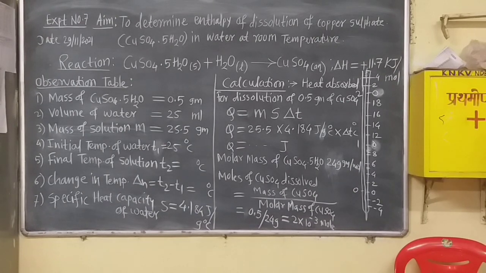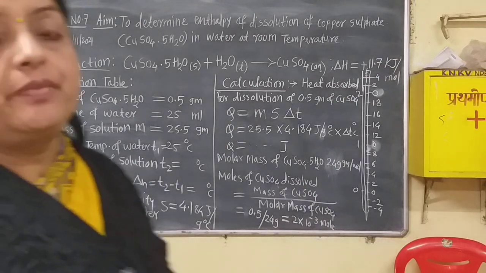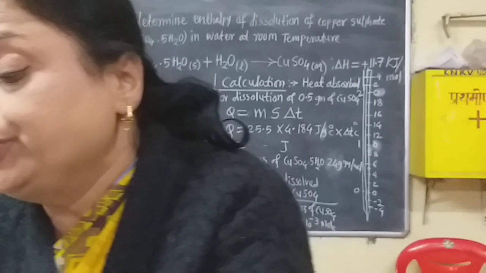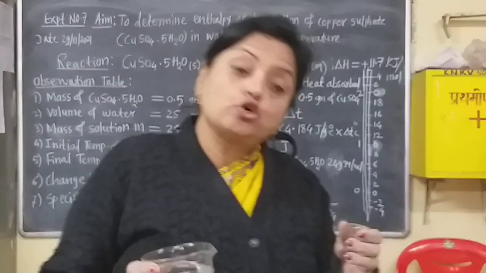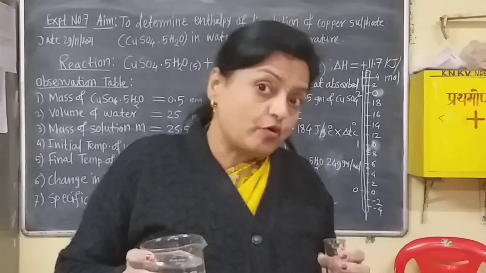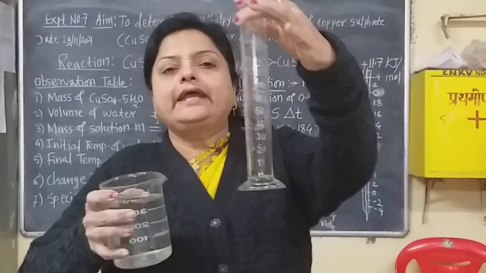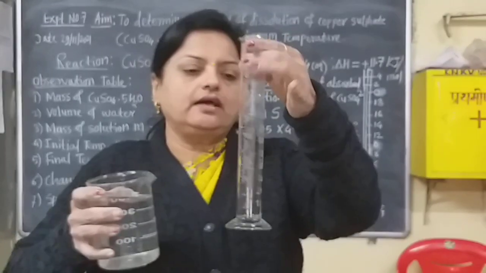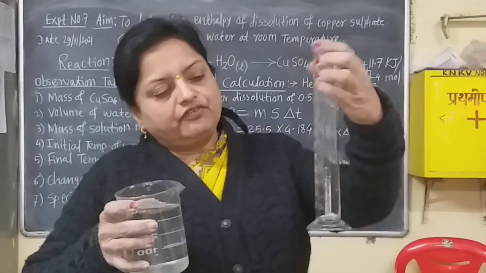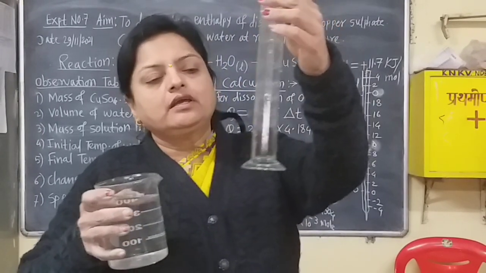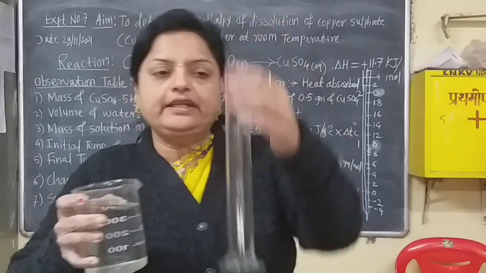Now see students, here you must measure 25 ml water to dissolve this 0.5 gram of the copper sulfate. This is the 100 ml measuring cylinder. Now take the 25 ml, in between 20 to 30.